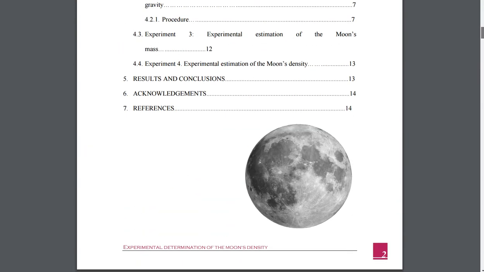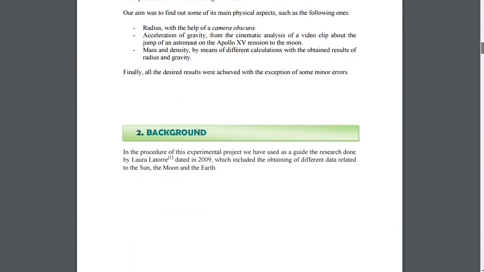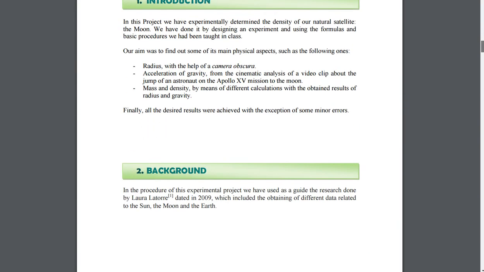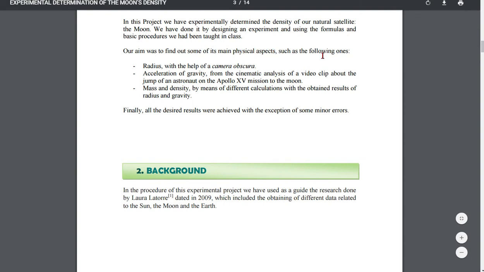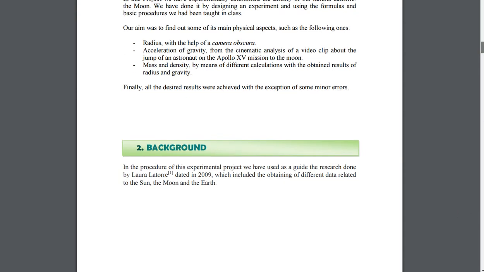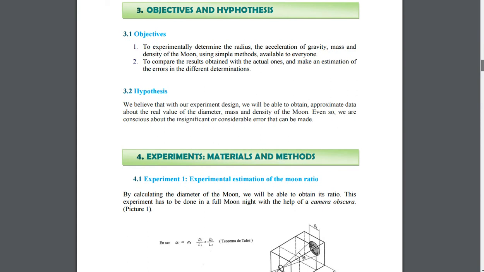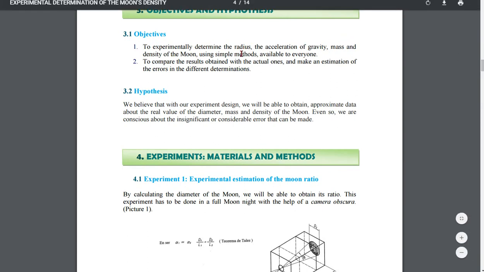It goes through here, and here they're going to find out all of this, the density of the moon. And this is something that anybody can do, apparently, to experimentally determine the radius, acceleration of gravity and mass due to the density of the moon using simple methods.